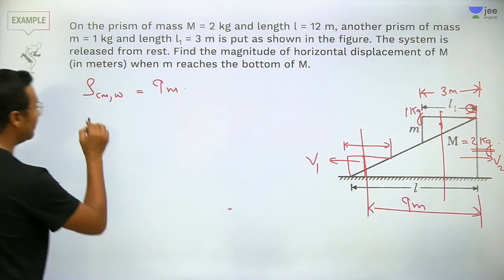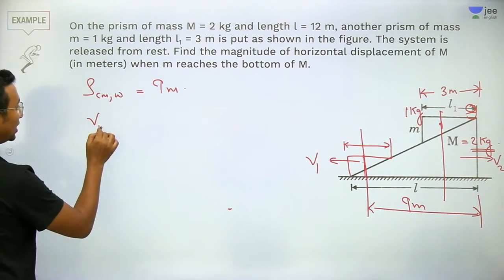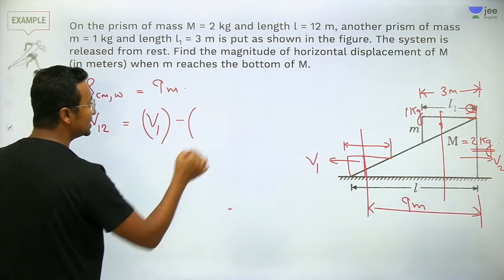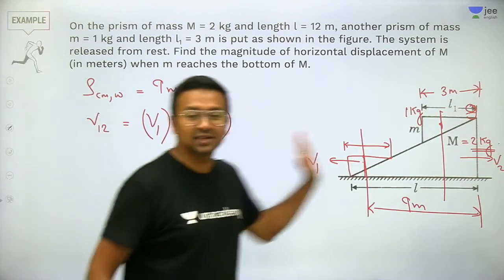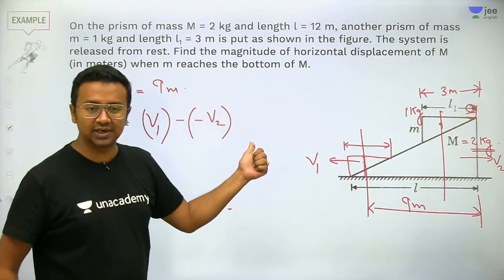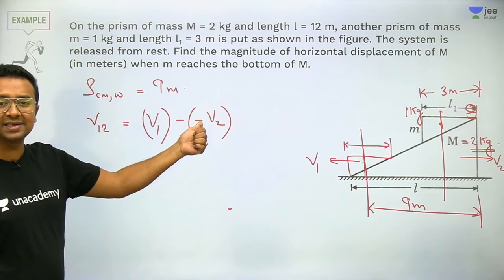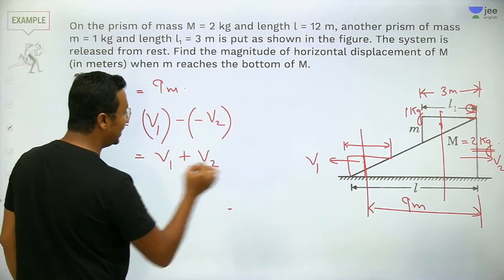Then what will be the velocity of one with respect to the other? Can I write it as v1 minus v2? Yes, because I am considering this side as negative and this side as positive. This is v1 minus of minus v2. So this will be equal to v1 plus v2.